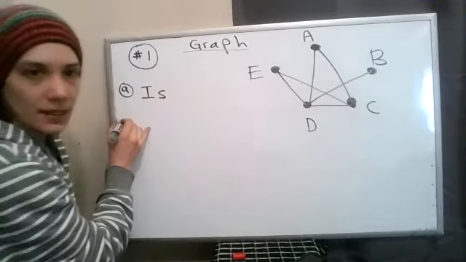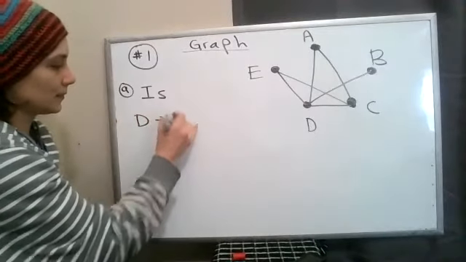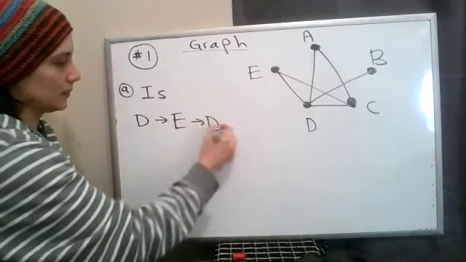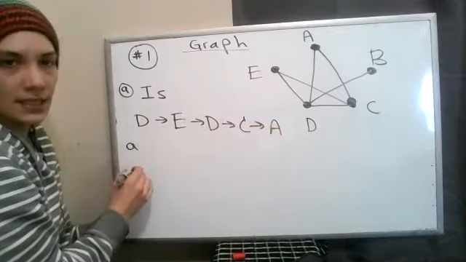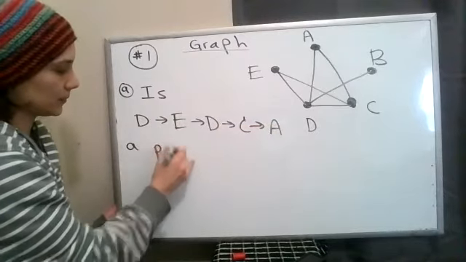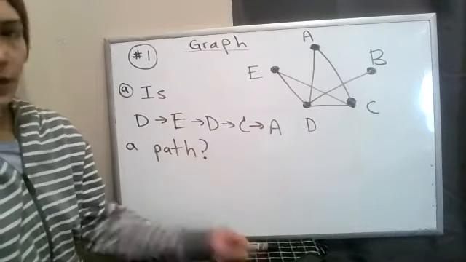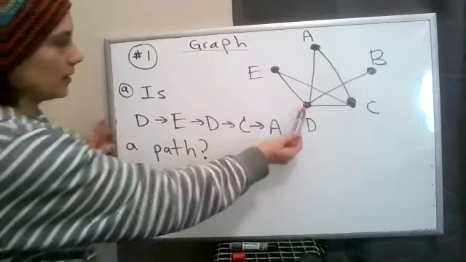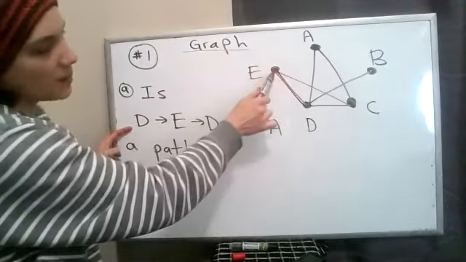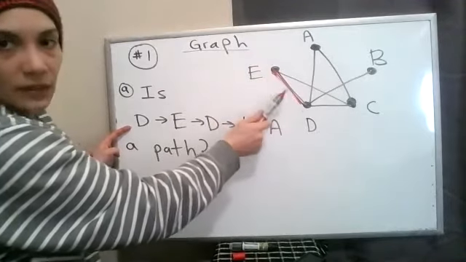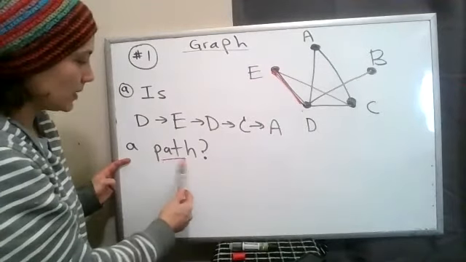Okay, the sequence will be D, E, D, C, A. Is this a path? So you start at D, go over to E, and then if you go back to D, you reuse that edge. In paths, you can't reuse edges. So this one's not a path.